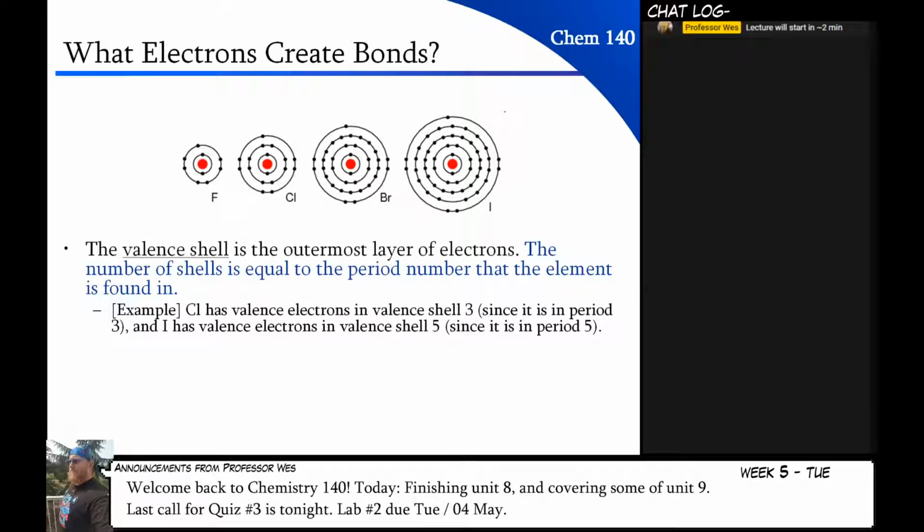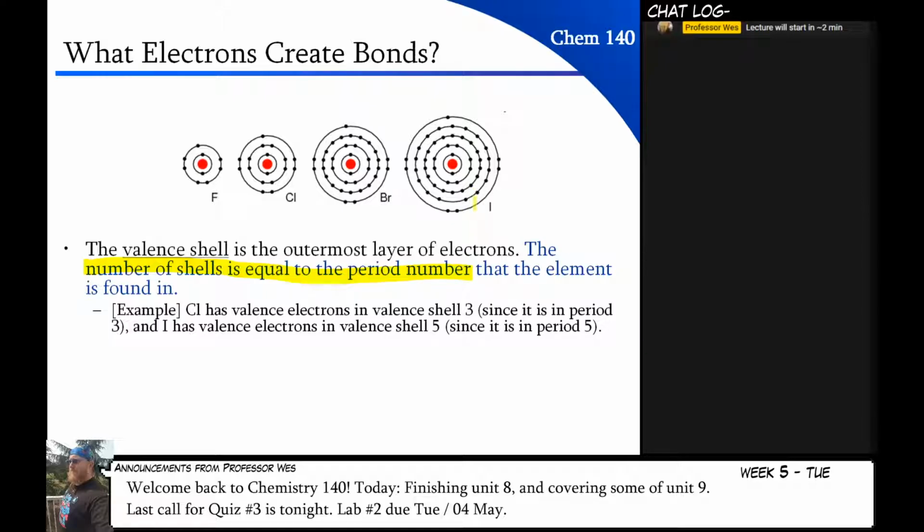So, the number of layers of electrons is equal to the period number. For instance, chlorine is in period 3, so you can see that there are 3 layers of electrons. Iodine has 5 layers of electrons because it's in period 5.